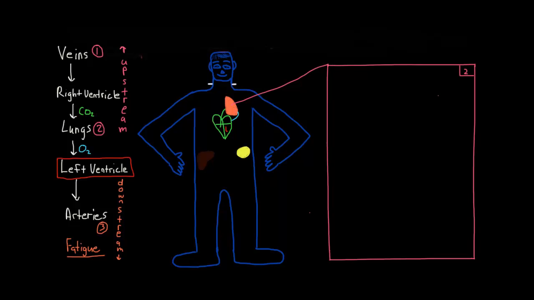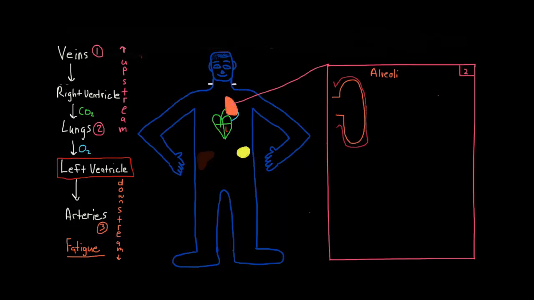So in the lung, there are a couple of really important structures, one of which we call the alveoli. The alveoli is this little air sac that's surrounded by capillaries. Okay, so this is a capillary that's carrying blood.